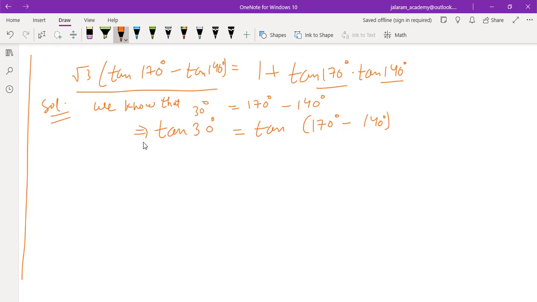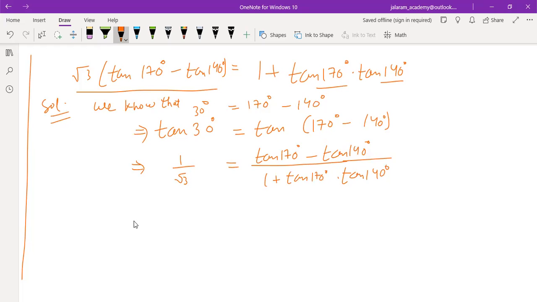So if we take tan on both sides, the value of tan 30 degree is 1 by root 3, which equals tan(A minus B), that is tan A minus tan B over 1 plus tan A into tan B. Then cross multiply.